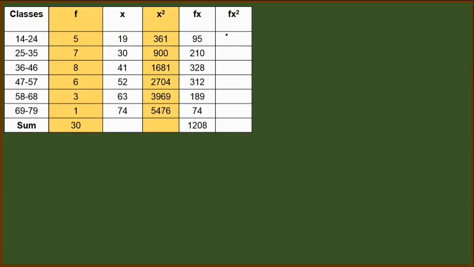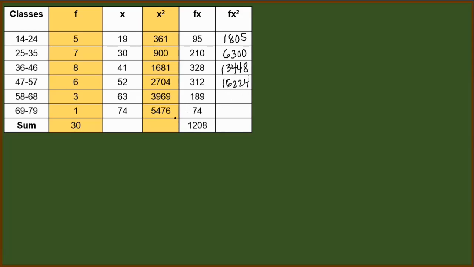That will give us 1805. Next, we have 7 times 900. That is 6300. Next, we have 8 times 1681. That is 13448. For the fourth item, we multiply 6 by 2704, giving us a product of 16224.